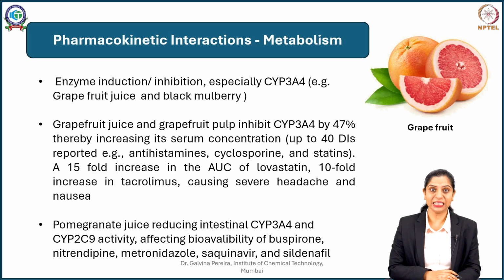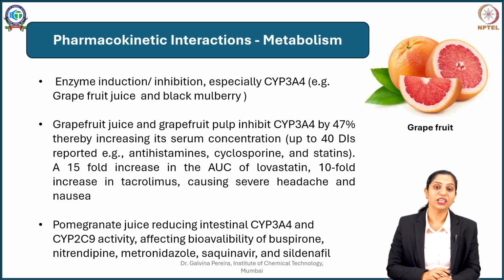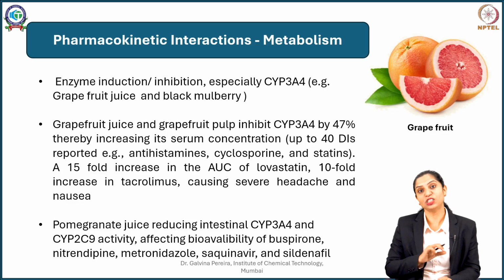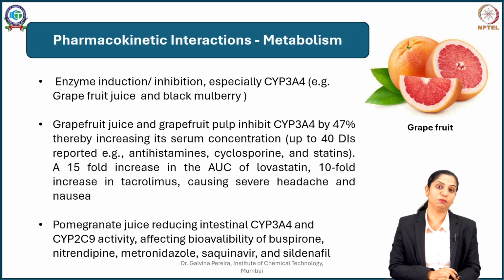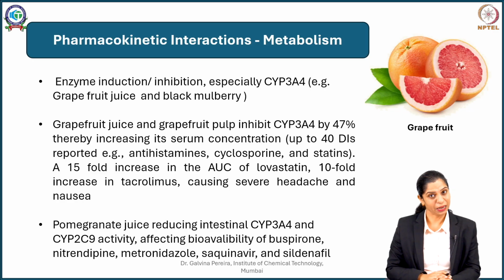Now it is seen that if you take grapefruit juice or even black mulberry juice, there is a good amount of inhibition observed, especially for your enzyme CYP3A4. Now what is going to happen if almost 50% of my CYP3A4 is inhibited?